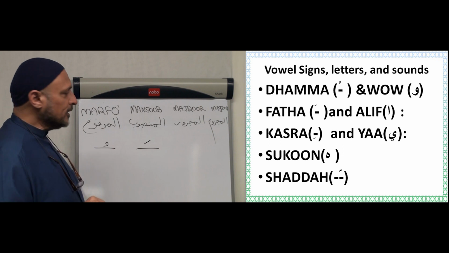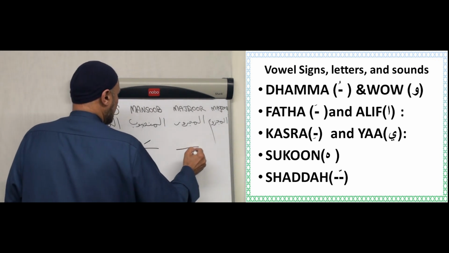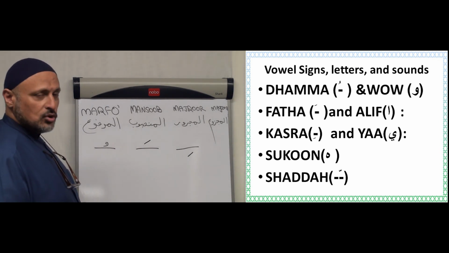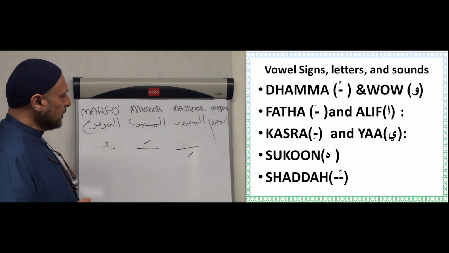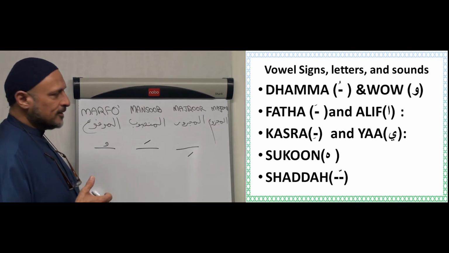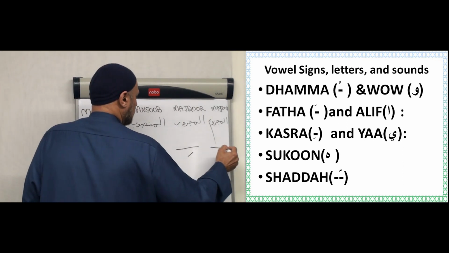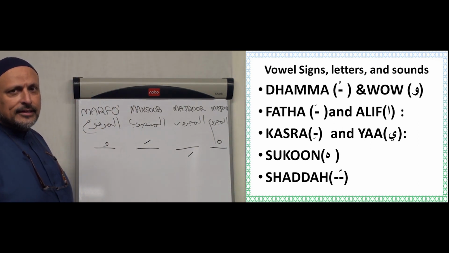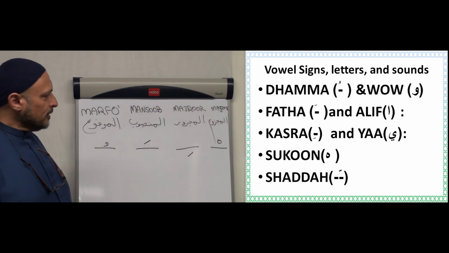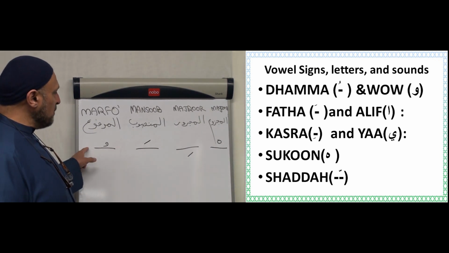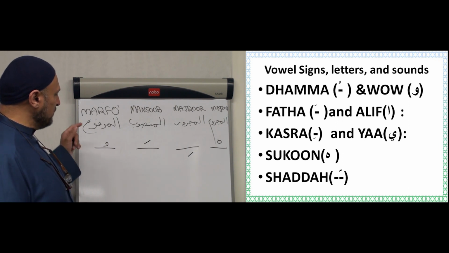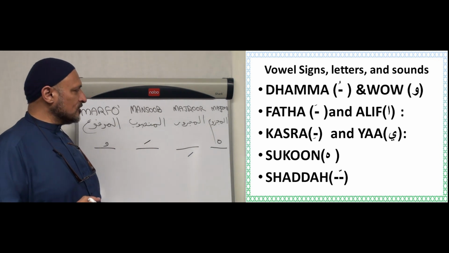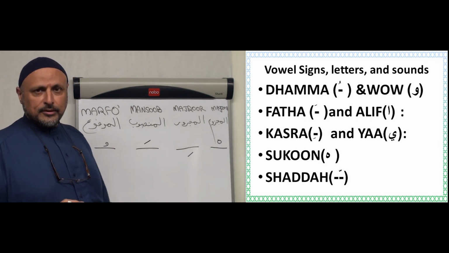If I see a kasra underneath the last letter, in normal cases, because there are some odd cases, it is majroor. And if I see a sukoon on the top of the end letter, then it is majzoom. So marfu' with the dhamma, mansub with the fatha, majroor with the kasra, majzoom with the sukoon.